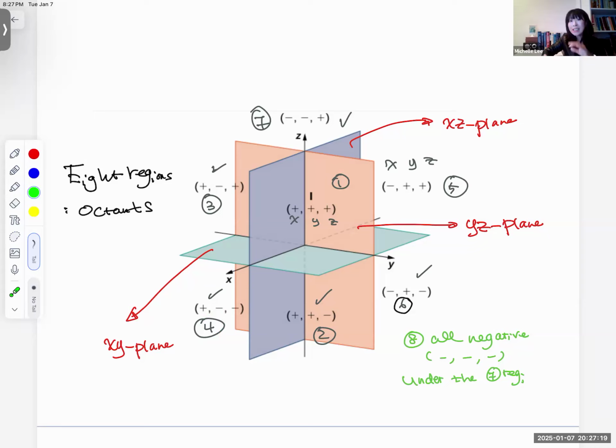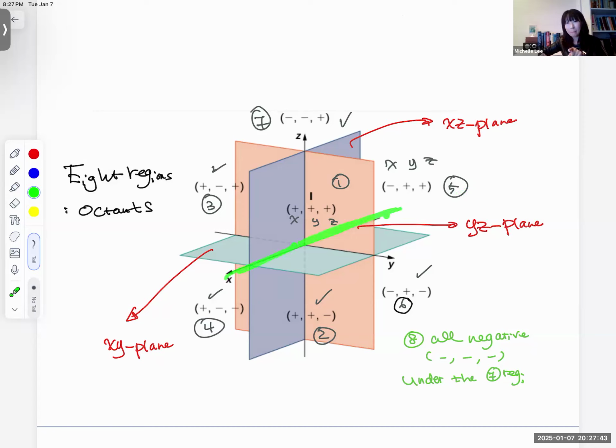Which one is negative? Z is negative. But we knew that y is negative, right? So y is negative, z is negative, right? Okay, number 5. Number 5, go there. So here, number 5, which one is negative?